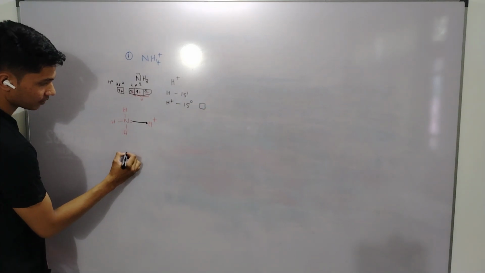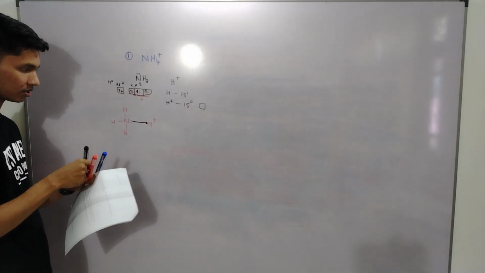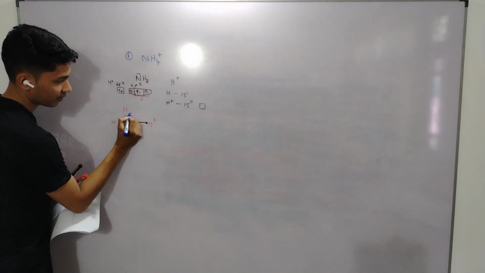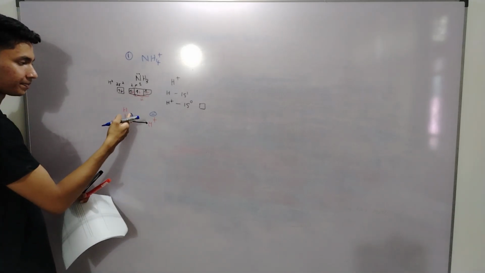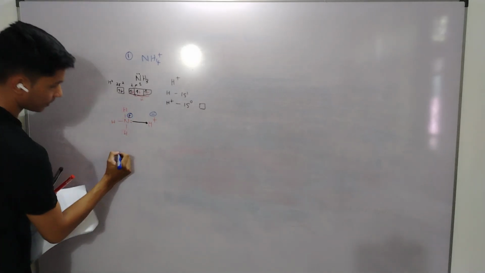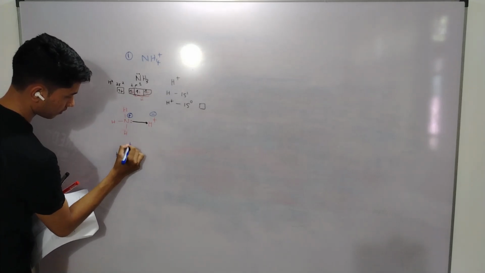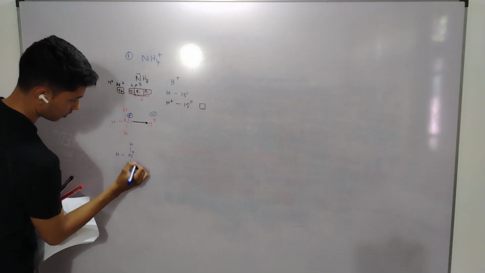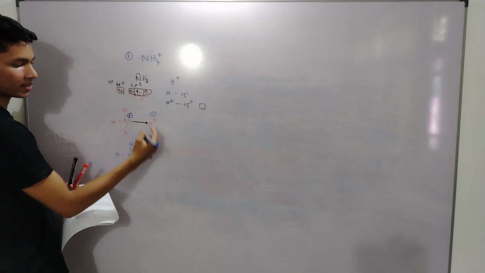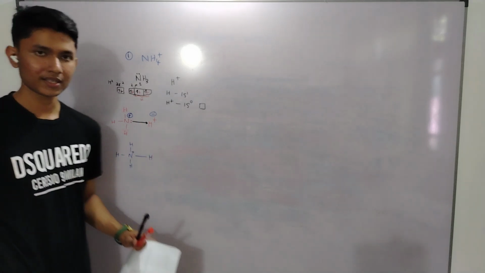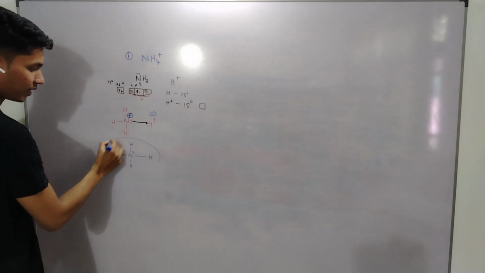As I told you, the one donating the electron will get a plus charge, and the one who accepts the electron will get a negative charge. So the nitrogen here will get a plus charge, and the hydrogen gets a minus. Plus and minus charges cancel. So this is the final structure.